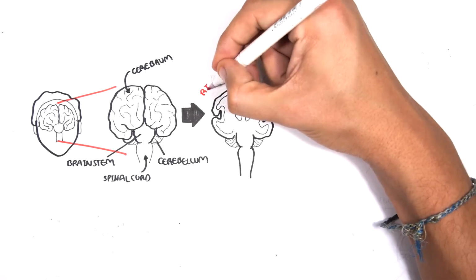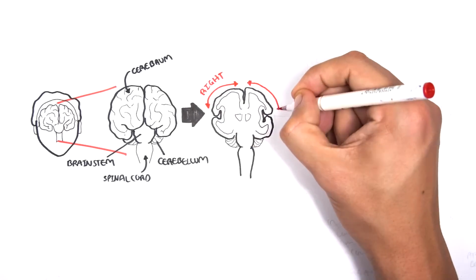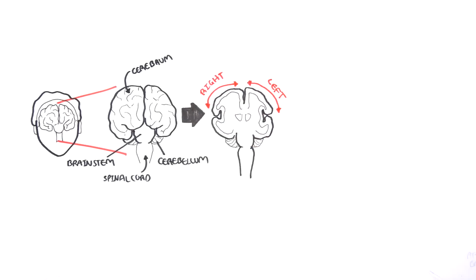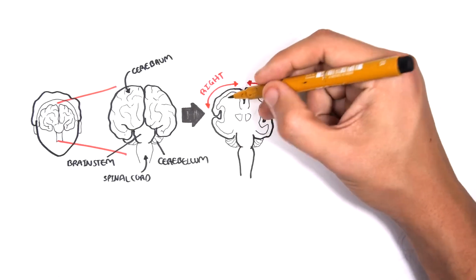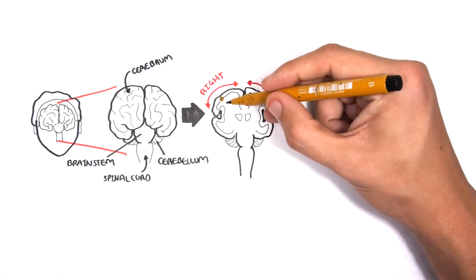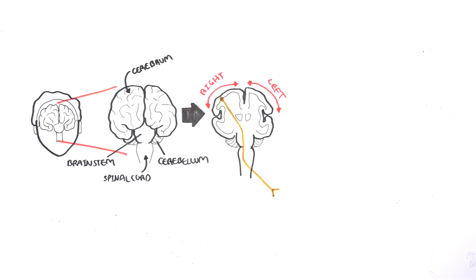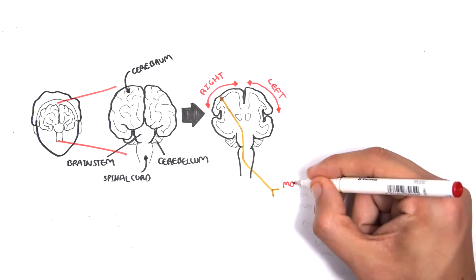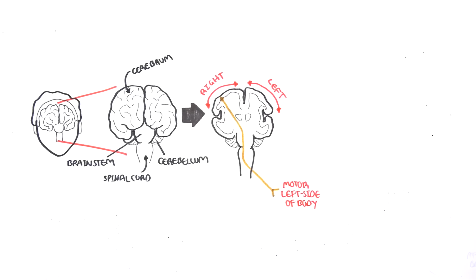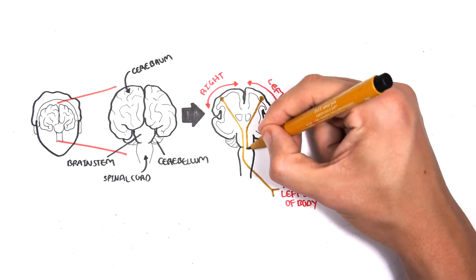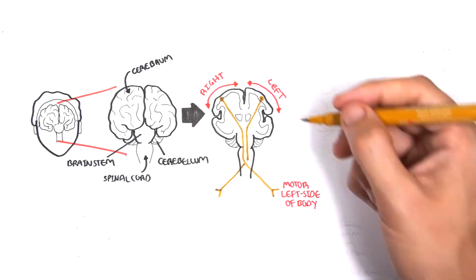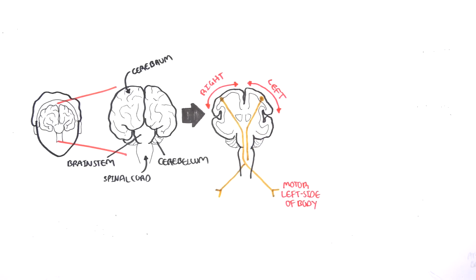So here is the right motor cortex and here is the left motor cortex. Neurons which arise from the right will travel down the spinal cord and send motor information to the left side of the body.